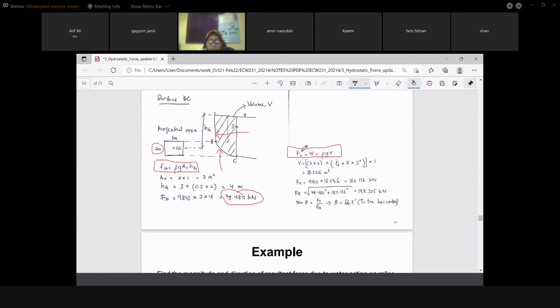Okay, so for vertical forces, kita kena cari volume. So how do we calculate volume? My advice, you need to calculate the total area first. Then only kita darab dengan width. Total area darab dengan y.